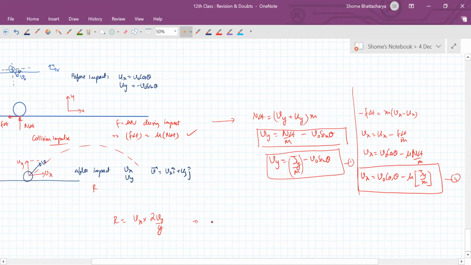So you can see that the range is like this: v naught cos theta minus mu delta v, into 2 times (delta v minus v naught sine theta) by g, where I write n delta t by m as delta v.